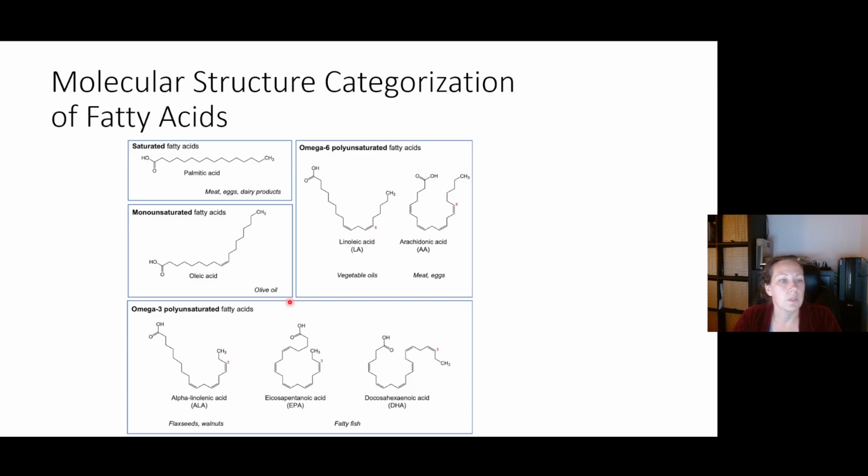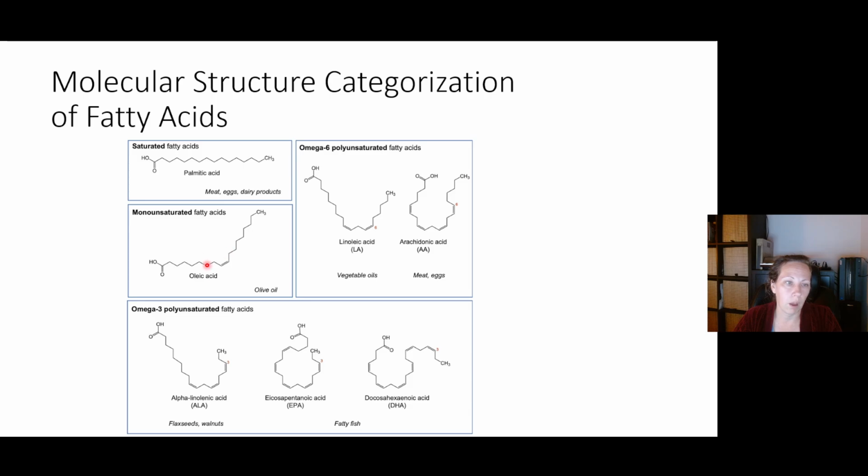Okay, so the oleic acid is the same one that I showed on the previous slide with 18 carbons and one double bond. And so this is called a monounsaturated fatty acid when there's only the one double bond. Okay, the rest of these are polyunsaturated fatty acids, and we won't get into the difference between omega-6 and omega-3 right now. But the point being that they have 2 or more double bonds.